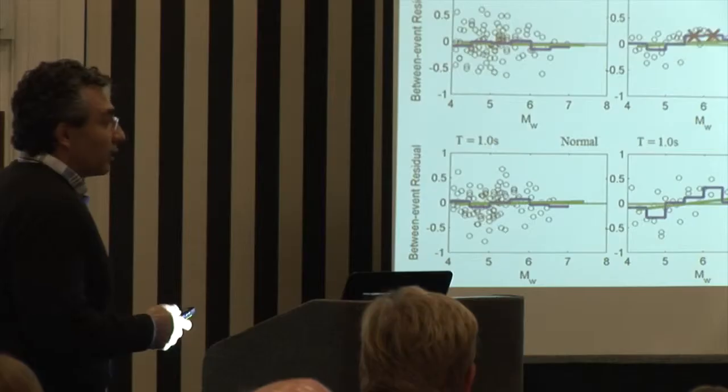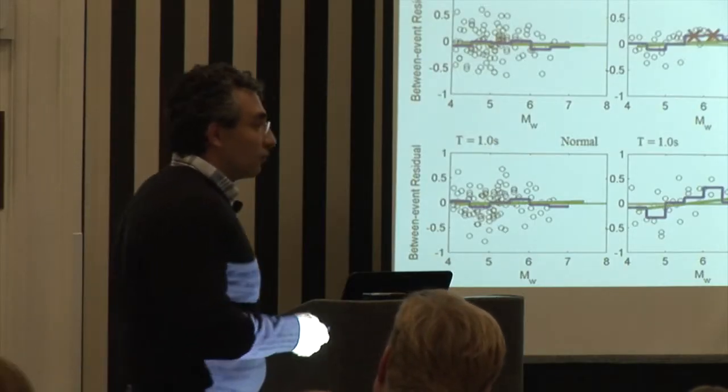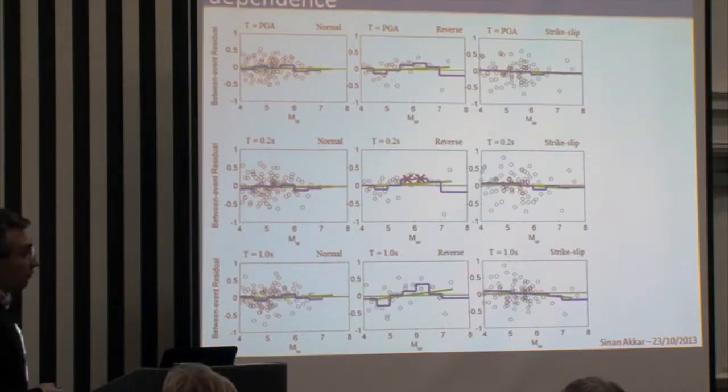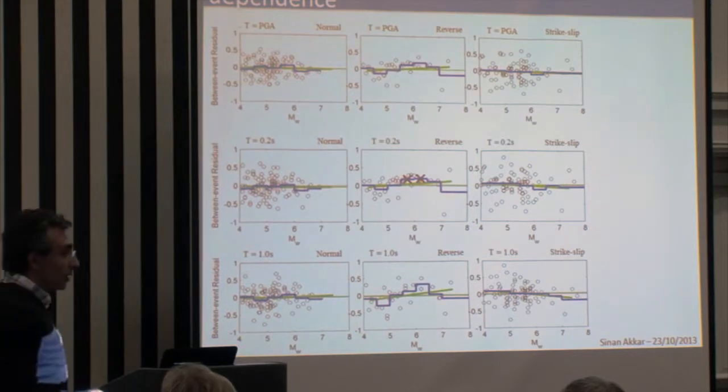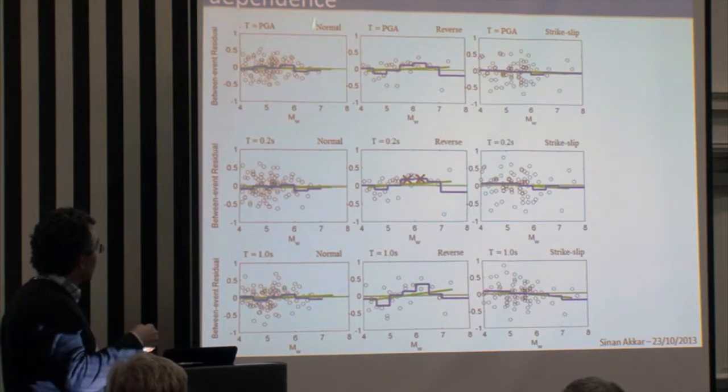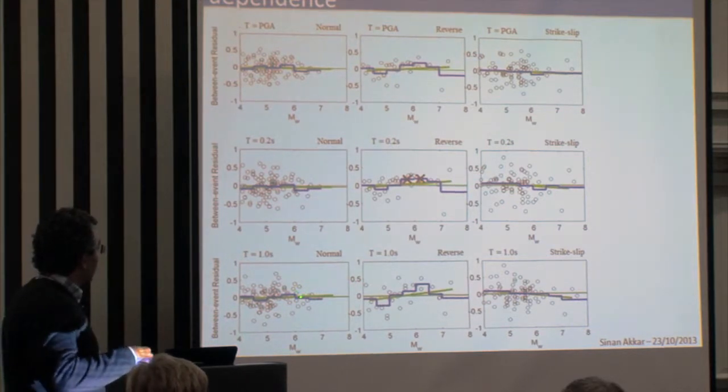Now, because I know that for this project the style of faulting is an important parameter, I'm repeating the same type of residual analysis, but this time breaking the standard deviations into normal, reverse, and strike slip. The first column shows the normal between event residuals, the second column is the reverse, and the third column is the strike slip.